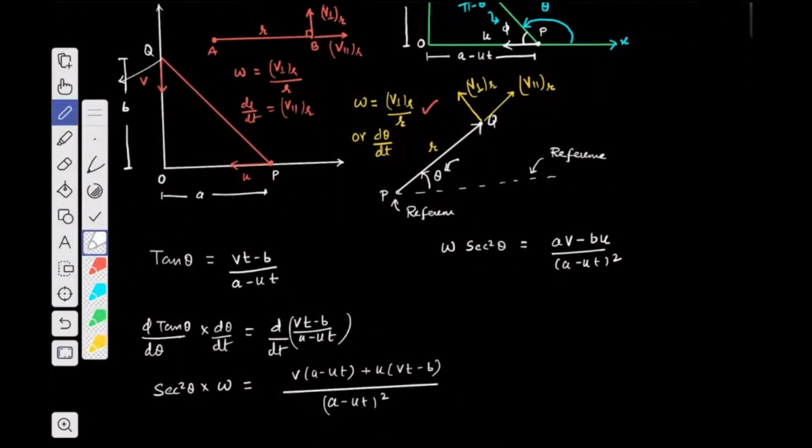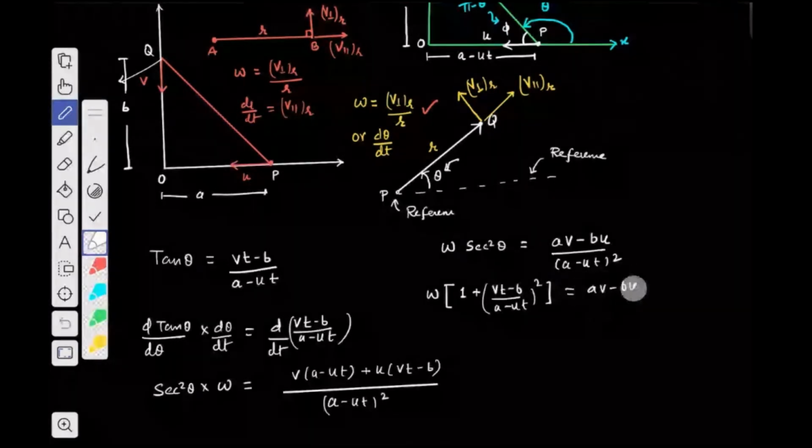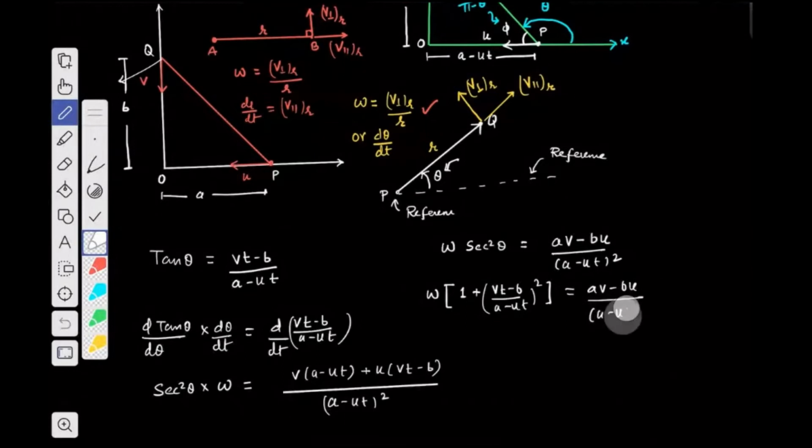And secant square theta we can find, but we know it is also equal to 1 plus tan square theta, and tan theta we know already. So I'll write it down like that. Omega into (1 plus tan square theta), and tan square theta is (Vt minus B) by (A minus Ut) whole square, equals (AV minus BU) by (A minus Ut) whole square.